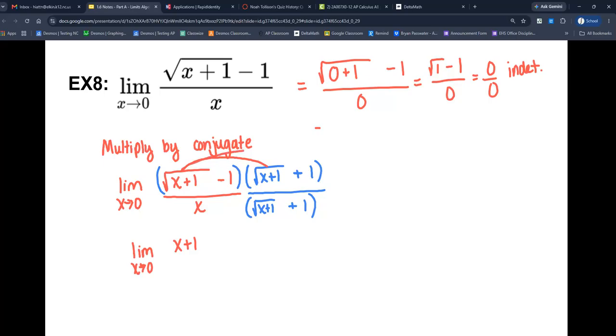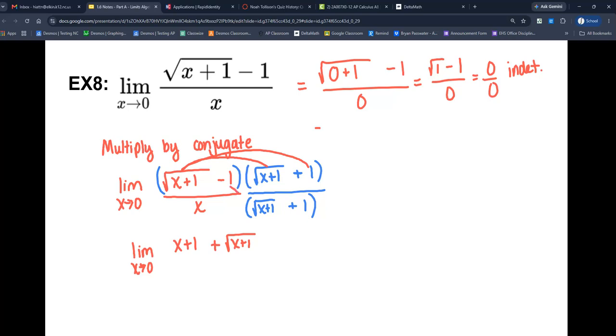Then I must multiply my square root of x plus 1 times the positive 1. You cannot multiply those things together because one's under the root, one's not. So you just end up with a positive square root of x plus 1. You can put the 1 out front if you want, but it's not necessary.